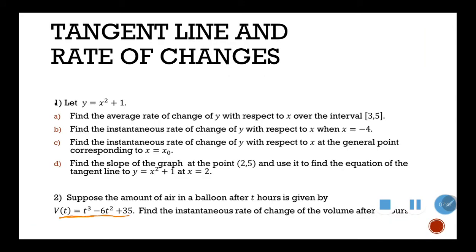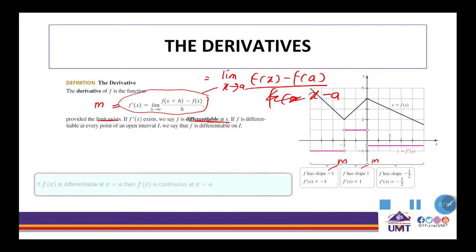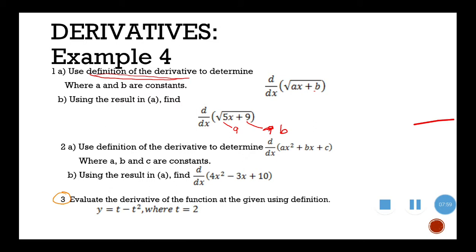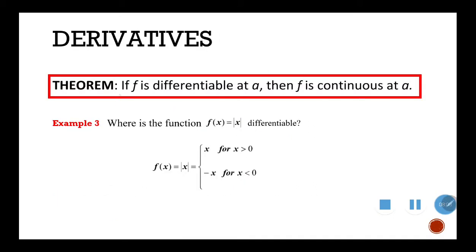We tried to solve this equation using this method, just this time we are using this function. Theorem for derivative: if f is differentiable at a, then f is continuous at a. Continuous means there is no breaking point.